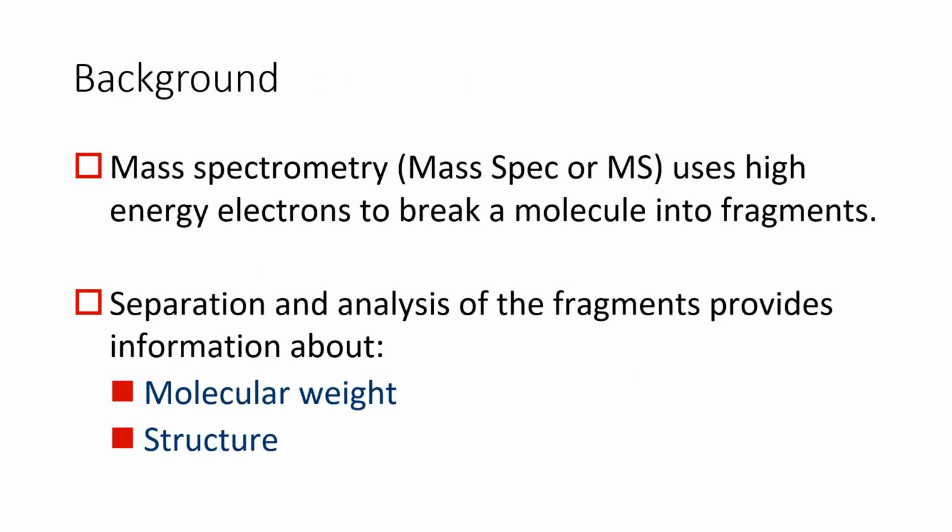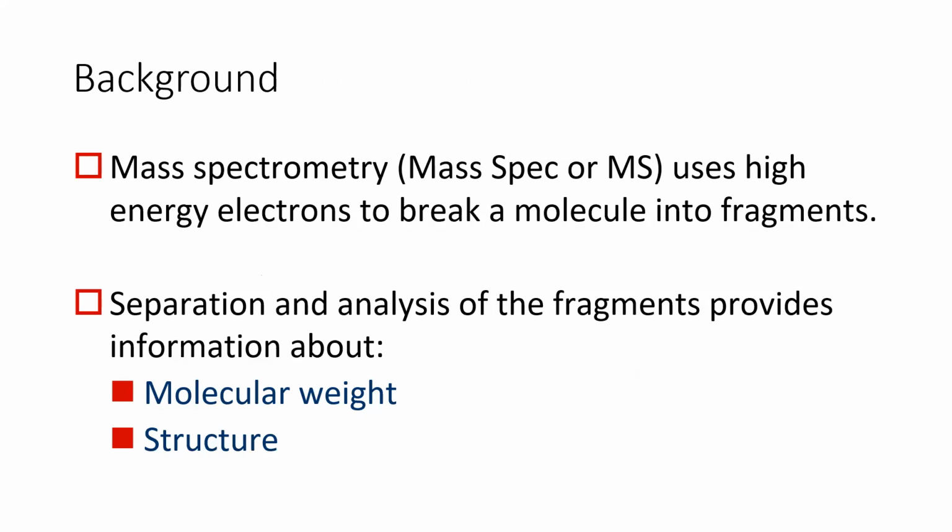Mass spectrometry can be shortened as mass spec or MS. So in this lecture and subsequent lectures, I may be using the words mass spec or MS. It is the same thing as mass spectrometry. And like I've said before, it makes use of high energy electrons to break a molecule into fragments.